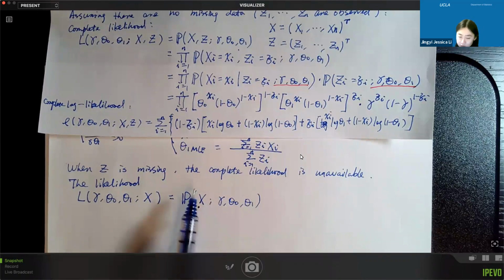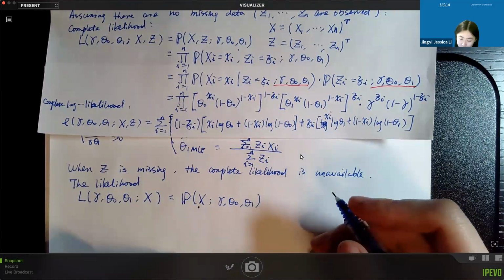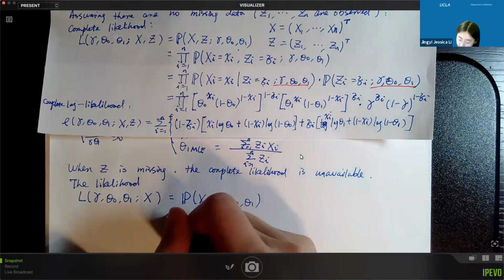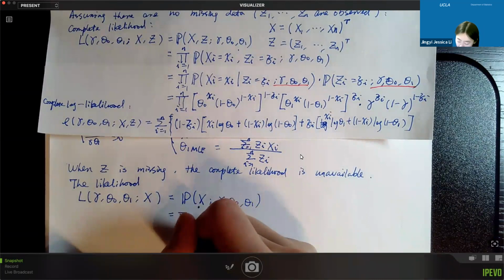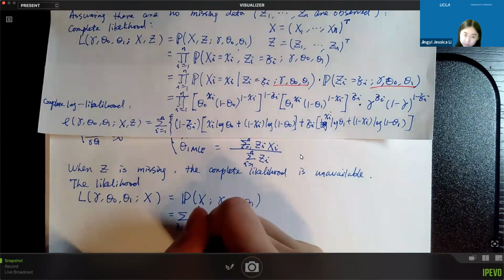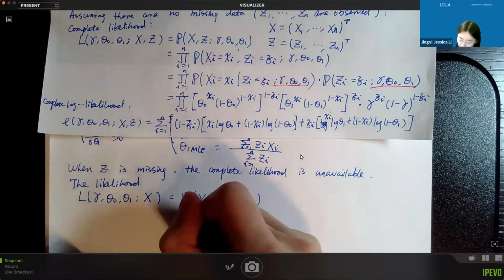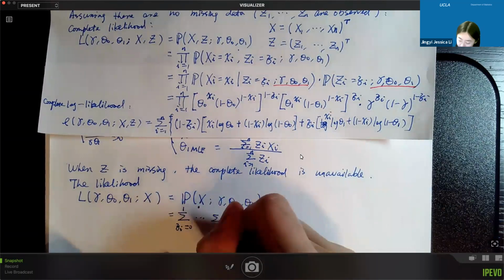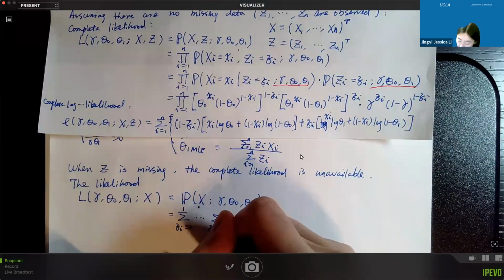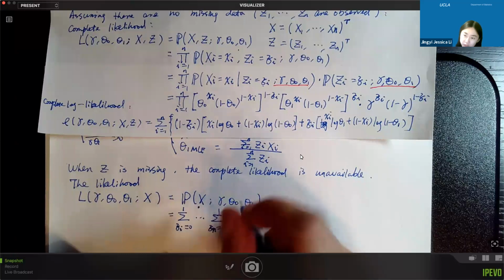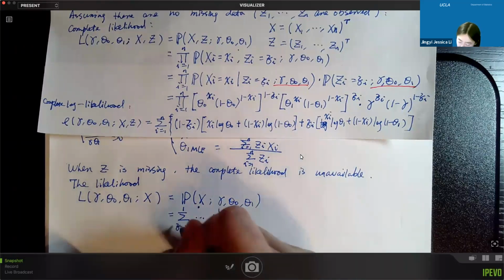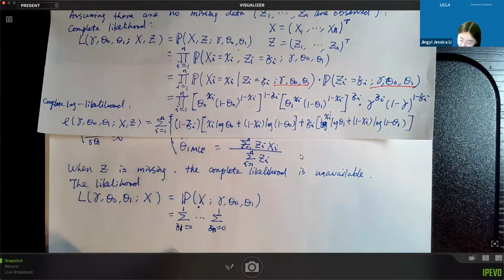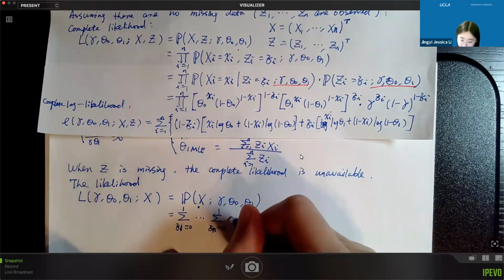That's Z. So essentially, this is just this. For each Zi, we consider its two possibilities, either 0 or 1, up to Zn. And for each possible value of Zi, we compute the probability of this.